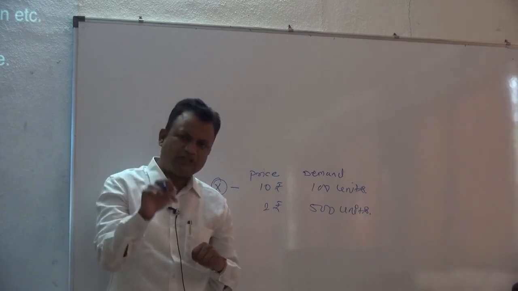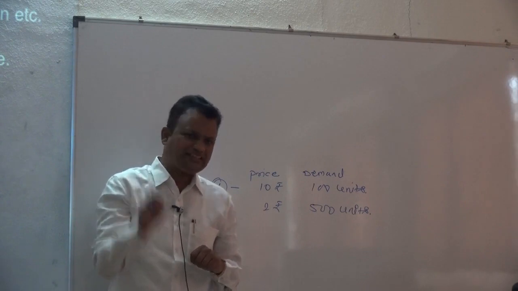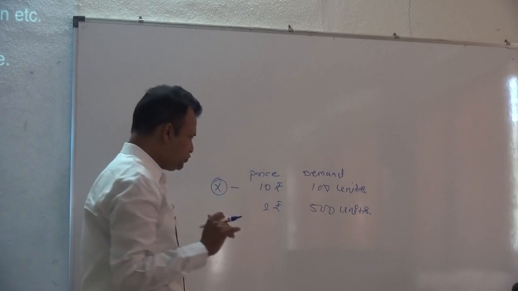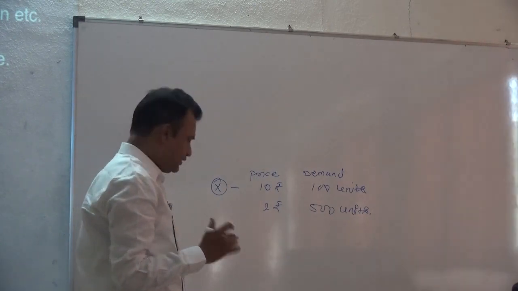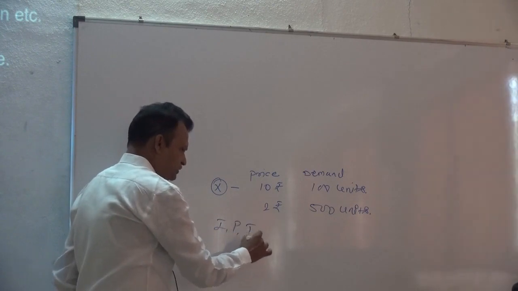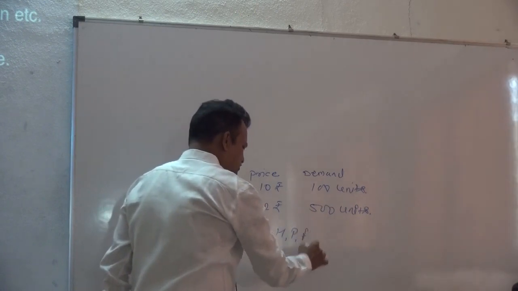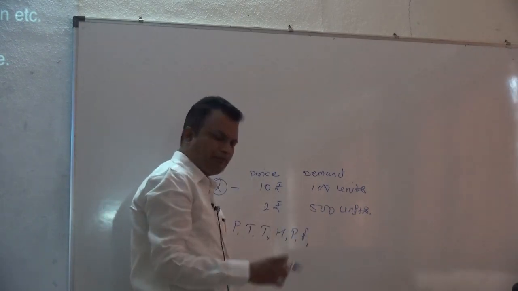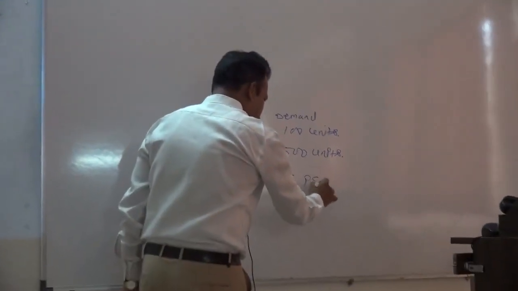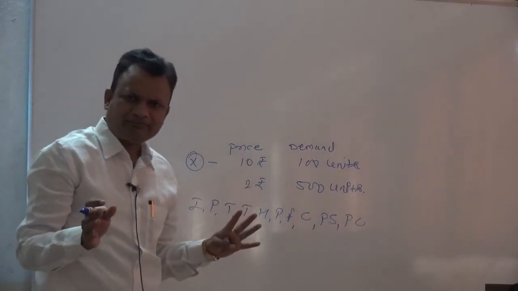In case of expansion of demand, the rest of the factors which usually determine the demand remain constant. So which factors usually determine the demand? Income, population, technology, taste, habit, preference, fashion. Besides that, customs, prices of substitute goods, prices of complementary goods, climatic condition; a number of factors are there.